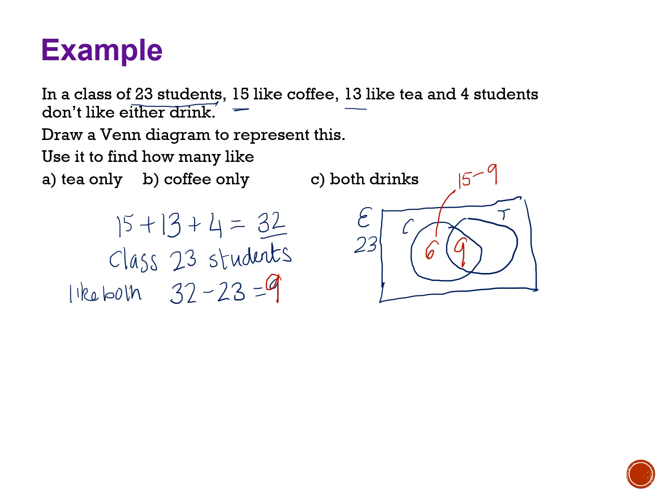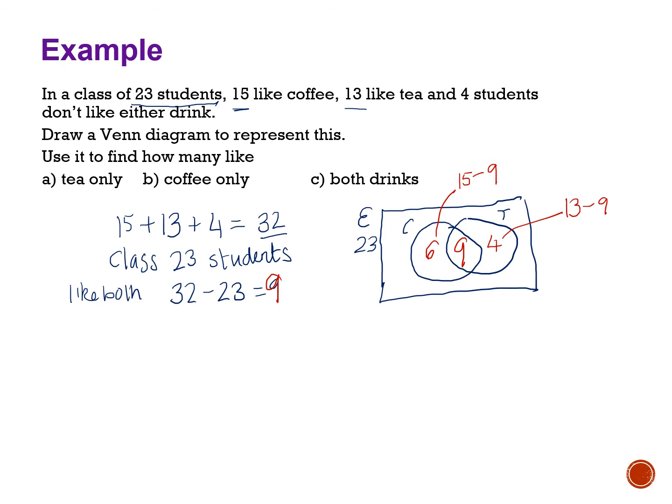So in total in C, I've got 15. Okay, similarly for the T, 13 like tea, I've already got 9 in the intersection, so that tells me that I must have 4 that like just tea. Reason being, that is going to be 13 take away the 9 that I've already counted in my intersection.